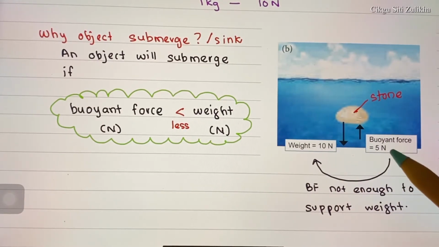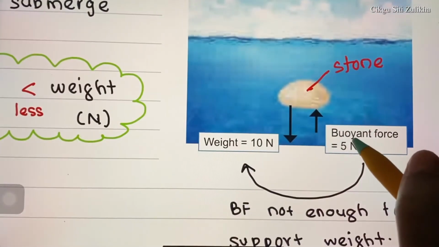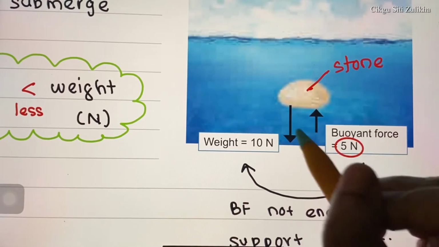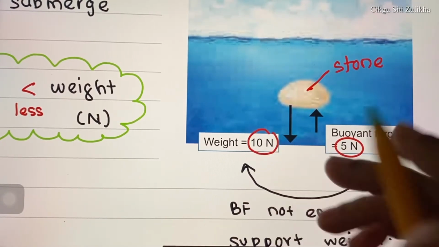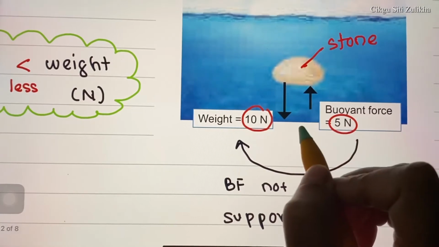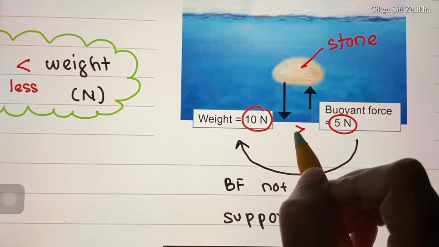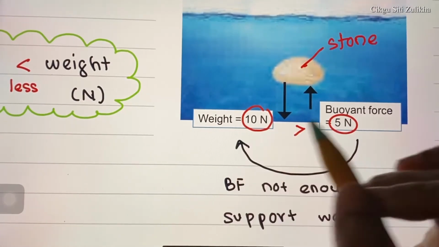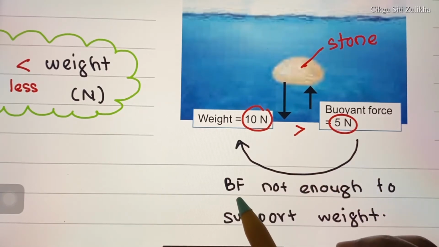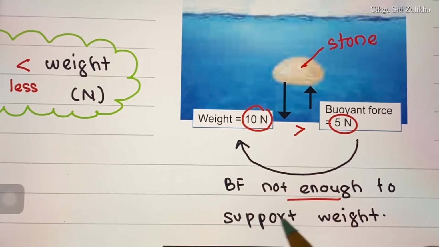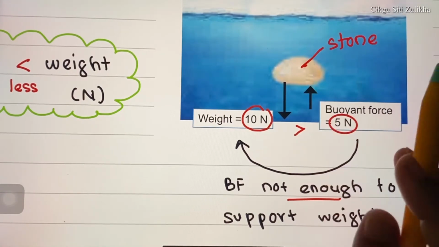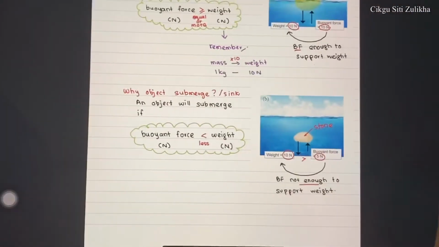In this case, buoyant force is 5 Newton and our weight is 10 Newton. So you can see here that buoyant force is less than the weight. Maka buoyant force is not enough to support the weight. Apabila not enough, what happen? This stone will sink or submerge.